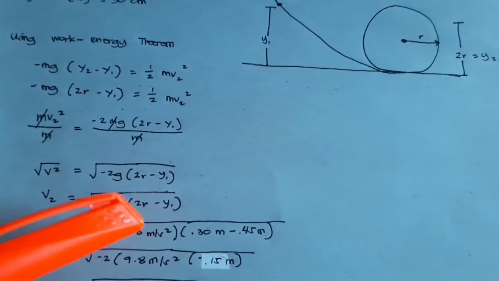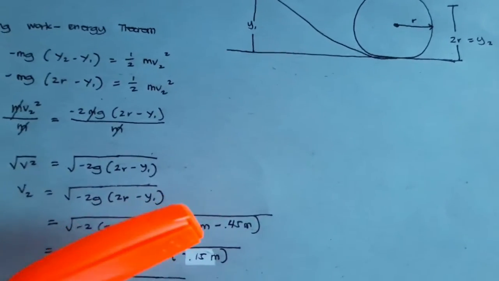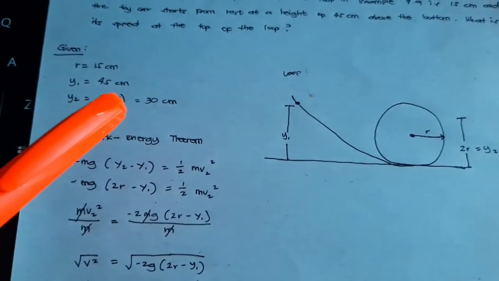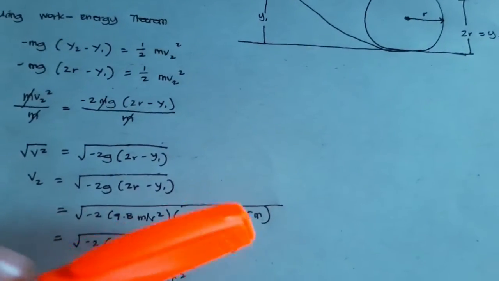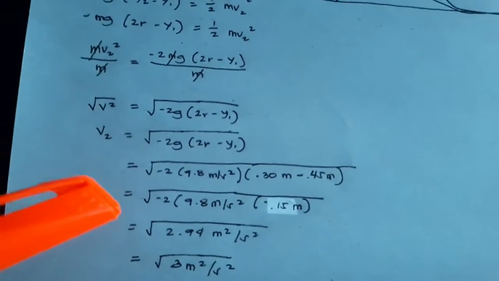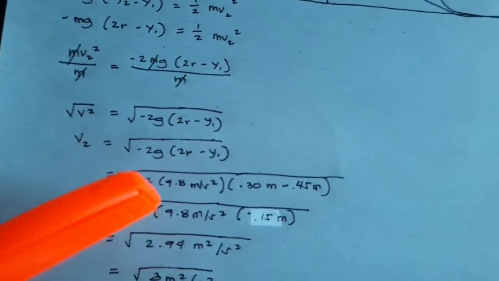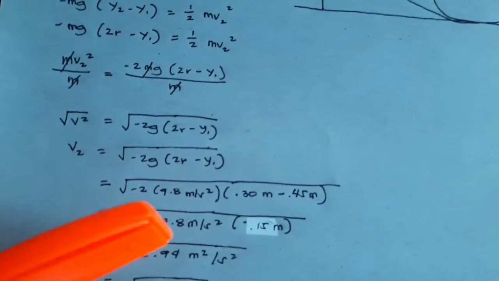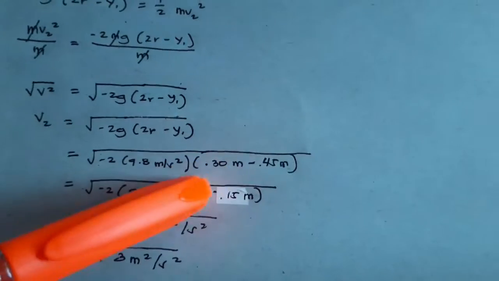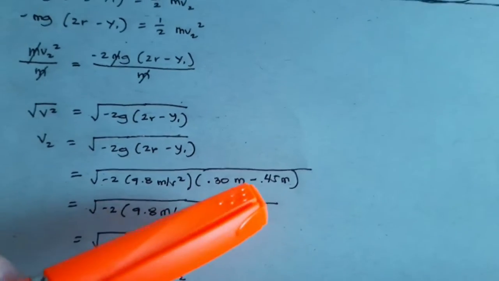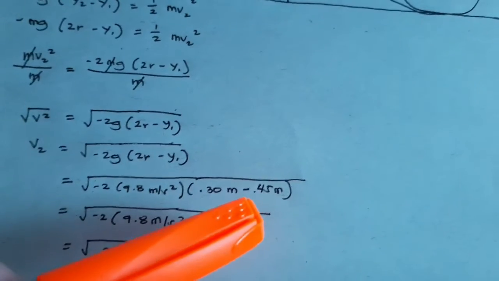So our 2r is 0.30 meter minus 0.45, which is 0.45 meter since it is already in meters. Then v is equal to the square root of negative 2 times the quantity of gravity, which is 9.8 meters per second squared, times 0.30 meter minus 0.45 meter.